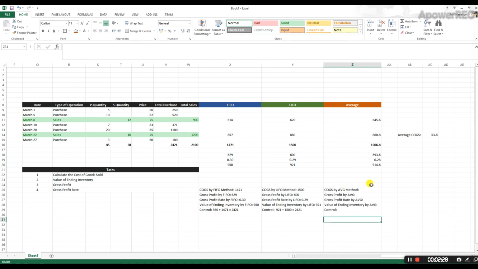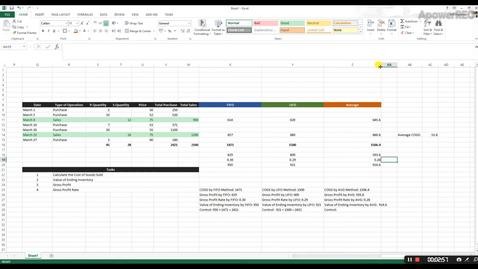And we can write the answers already. Cost of goods sold by average method is this one, 1,506.4. The gross profit by average is this one. Gross profit rate is this one. Value of ending inventory is this one. I just copied it from here.